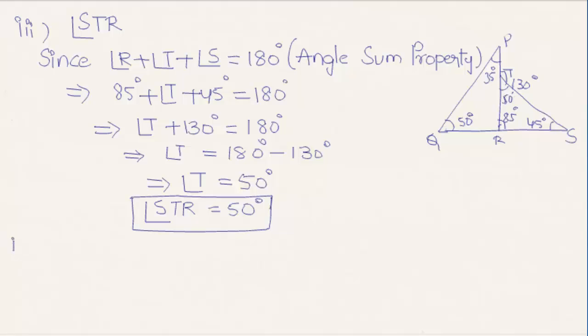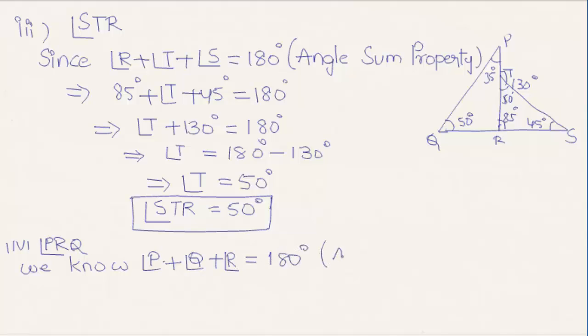Now let us proceed to find the fourth angle, that is angle PRQ, which is an interior angle of the triangle PRQ. So we know that angle P plus angle Q plus angle R is equal to 180 degrees. This is by using the angle sum property.